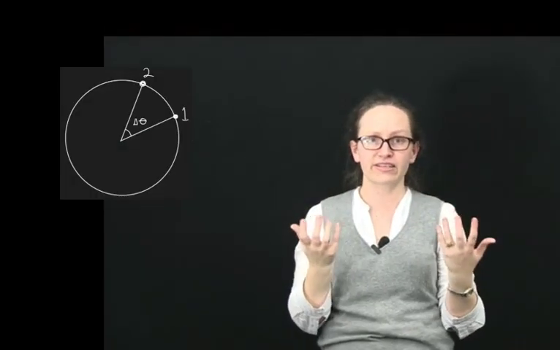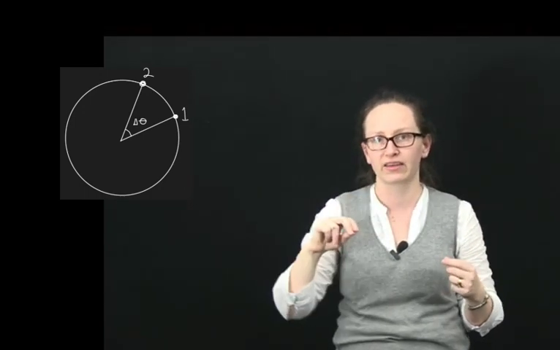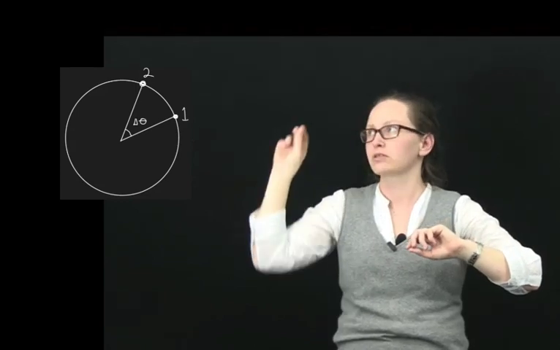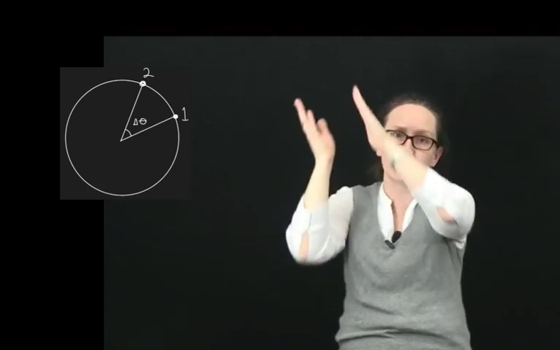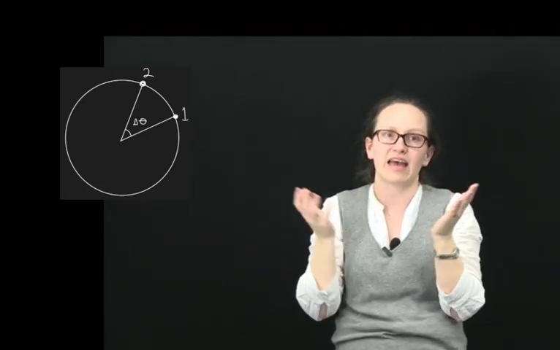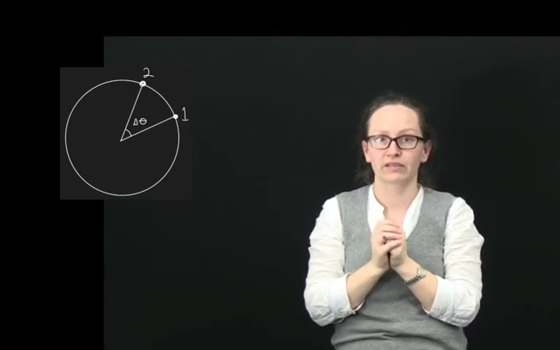So let's now consider the motion of an object which is following a circular path. Let's imagine that it's got some circular path, and we'll imagine that it starts at position 1 and moves to position 2. Between position 1 and position 2, there's some change in angle which we can represent as delta theta, as shown on the diagram.